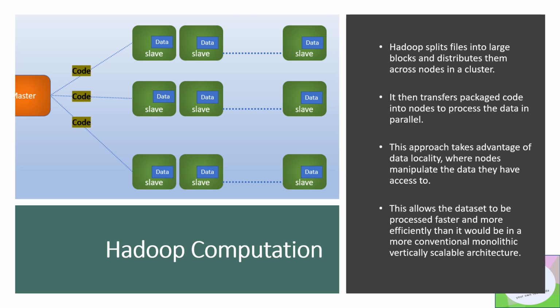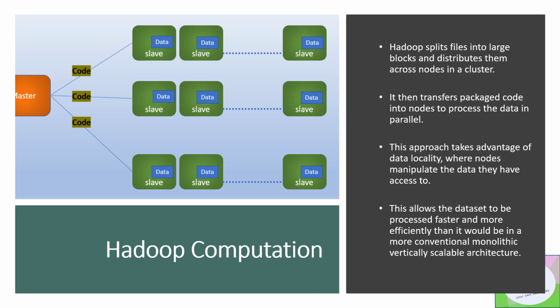So guys, this is at a high level how Hadoop computation works. The code snippets are packaged and transferred to the different slaves, and data is locally available. Different blocks or partitions of data are available, then the code processing happens, and it happens in parallel, and eventually the entire process works in a distributed way, and it works on the design concept of horizontal scalability.